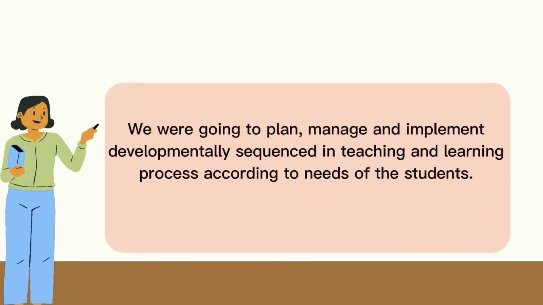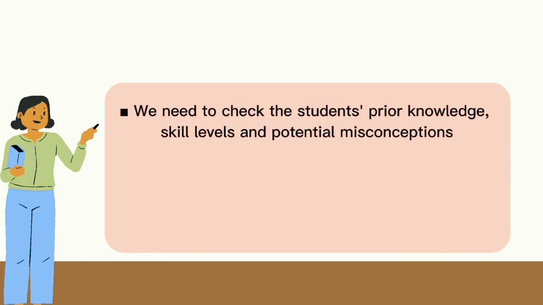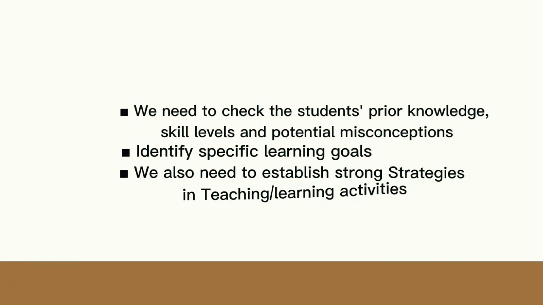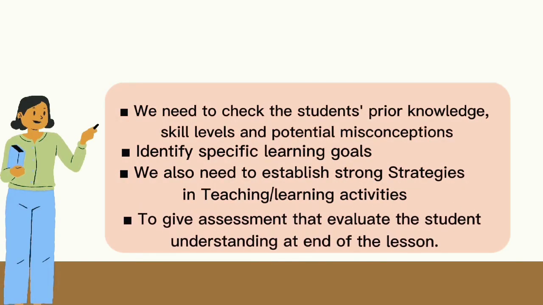This will be organized by the following. First, we need to check the students' knowledge, skill levels, and potential misconceptions. By that, we can identify the specific learning goals. We also need to establish strong strategies in teaching and learning activities. And lastly, to give an assessment that evaluates the students' understanding at the end of the lesson.